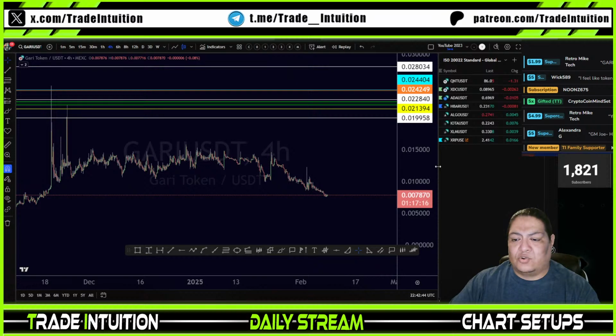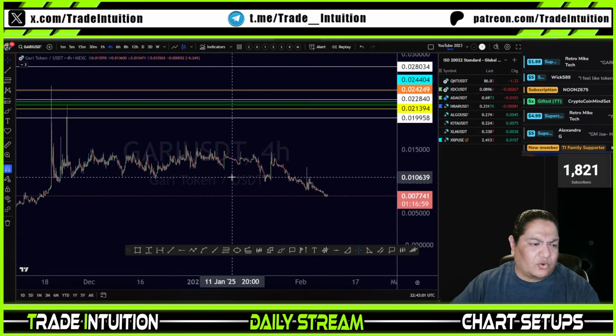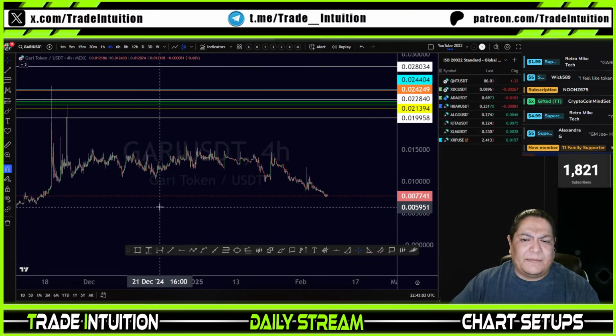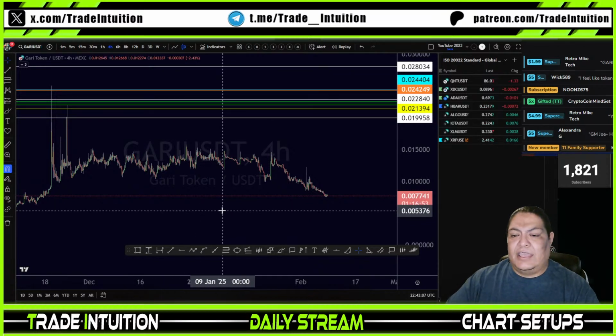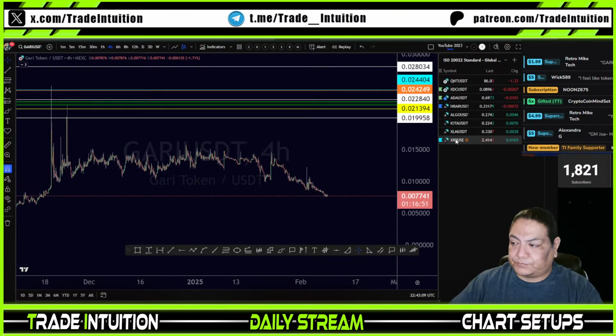These are the coins that Trump may have, I believe, no tax on. I believe these are made in the USA. They actually have a tag on CoinMarketCap where it's either made in USA or USA token. And you can look at all these too.